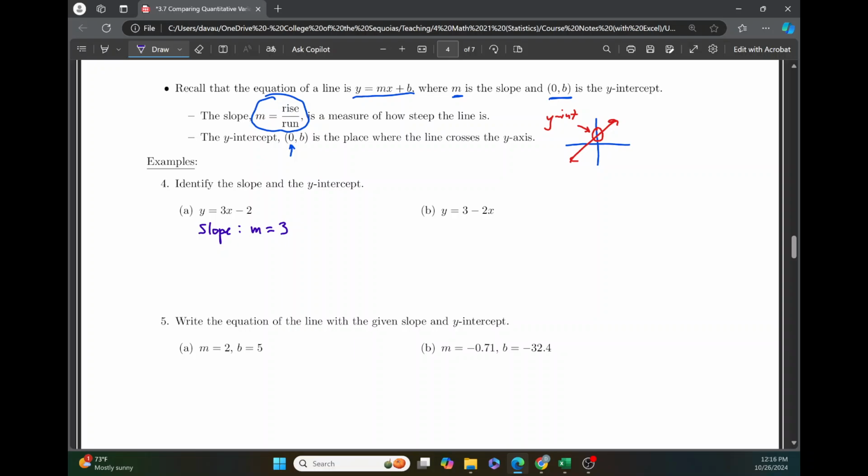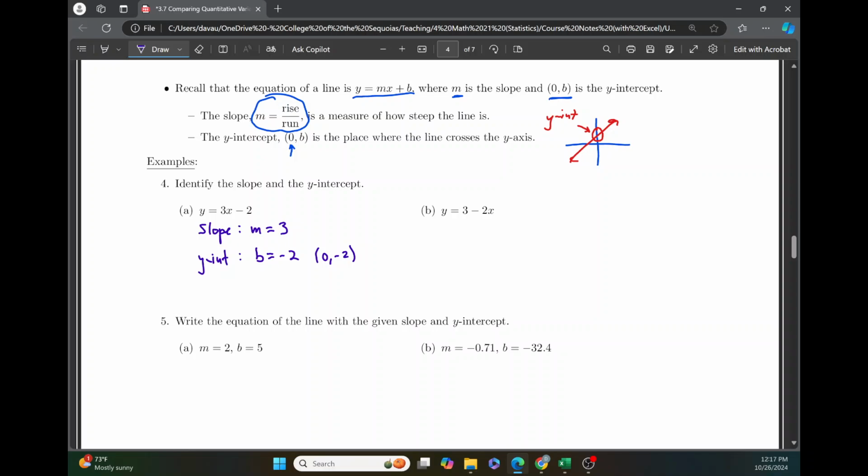The y-intercept is the other number, okay? It's the number that is not being multiplied by x. So in this case, the y-intercept would be -2, right? b equals -2. Or if you want to write it as a point, you could say it's the point 0, -2. Okay.